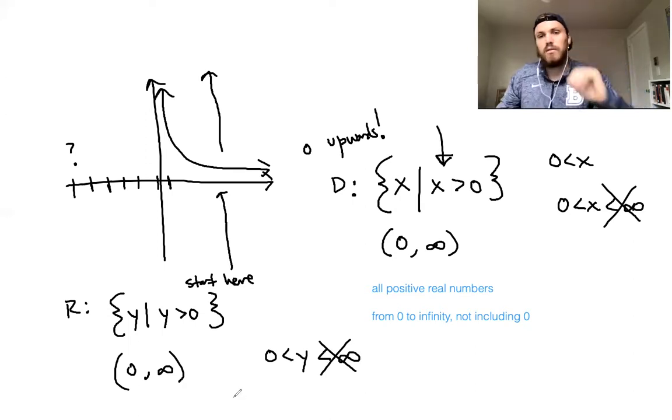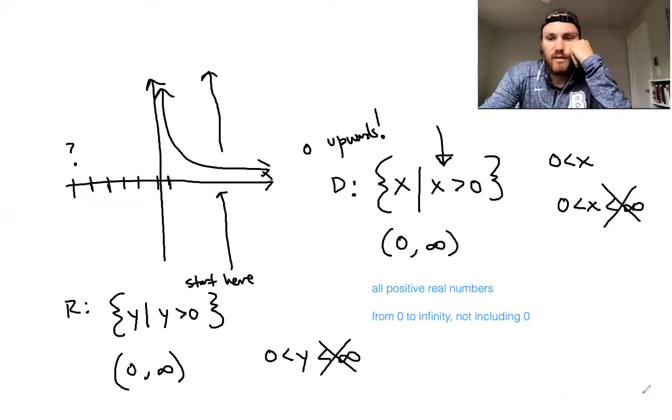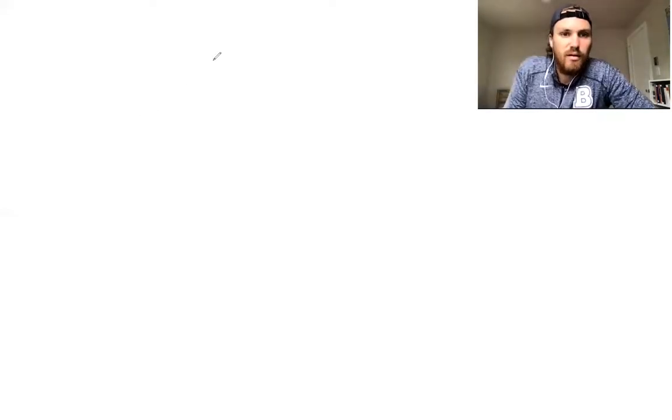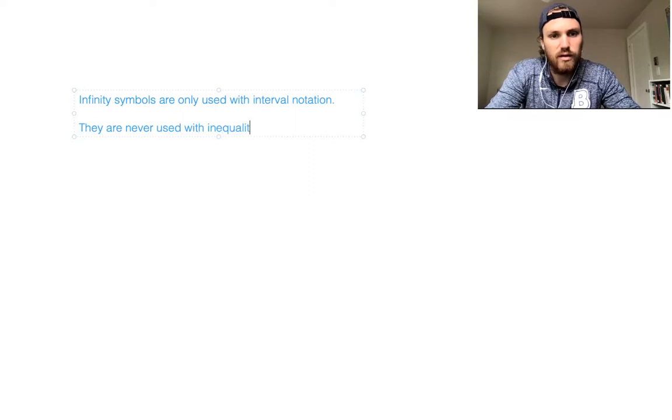Okay, so hopefully that's helpful when thinking about domain and range. And I just want to recap that infinity symbols are only used with interval notation. Okay, they are never used with inequalities or set builder notation.